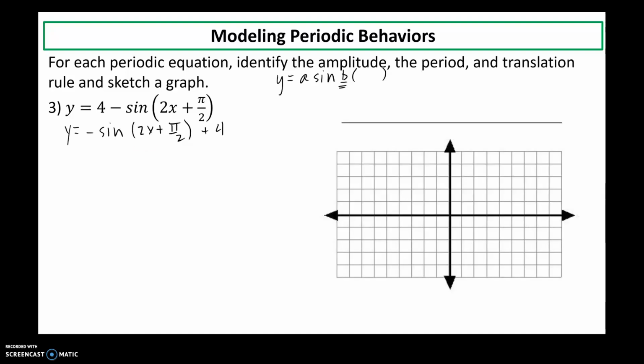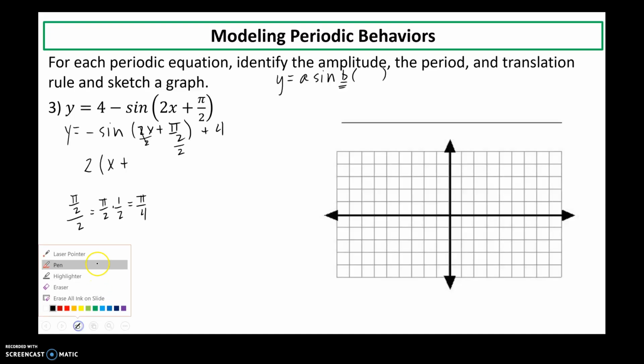So if I'm going to factor a 2, because that's the coefficient of x, remember, factoring is dividing out. If I take pi over 2 and divide it by 2, that's the same as pi over 2 times 1/2. So the phase shift that remains inside the parentheses needs to be a pi over 4.